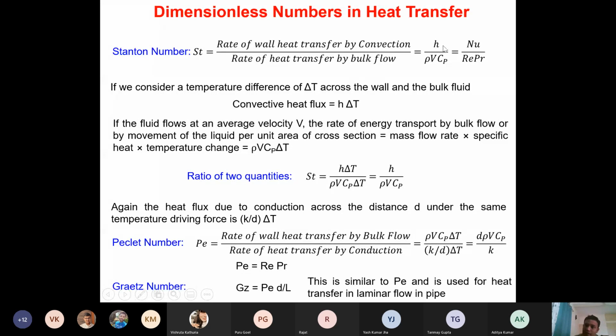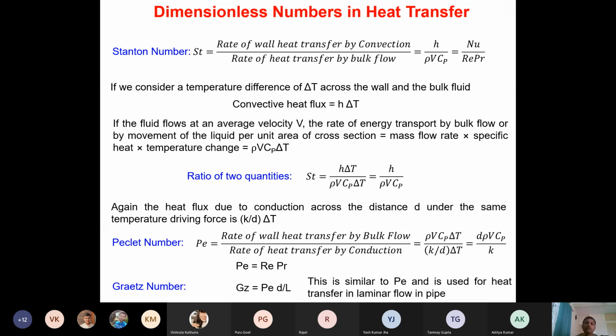It is given as h by rho V Cp. h is the heat transfer coefficient, rho is the density of the fluid, V is the velocity and Cp is the specific heat. And that is given as Nusselt number divided by Reynolds number into Prandtl number.